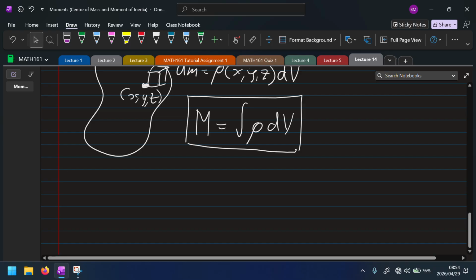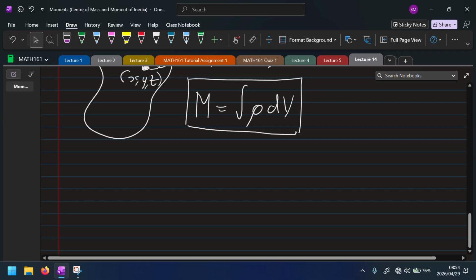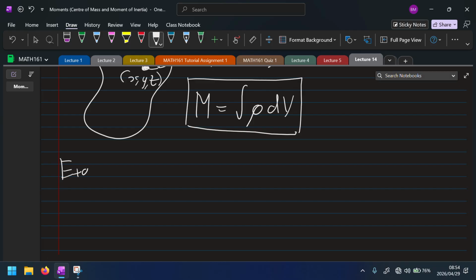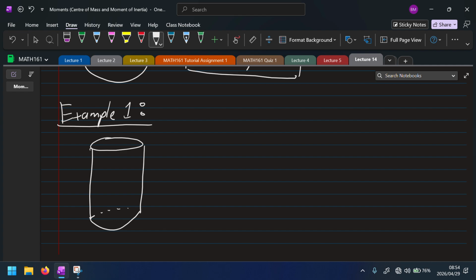Okay. Now, when we're actually calculating these things, this dv will depend on what shape we're given. So if we're given some shape like this, so let's just say here, example 1. Okay, so something very simple to work with.